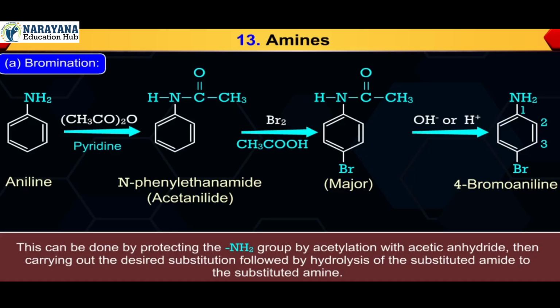Aniline, in the presence of (CH3CO)2O and pyridine, gives phenylethanamide, that is acetanilide, which in the presence of Br2 and CH3COOH gives 4-bromoethanamide as the major product. In the presence of OH- or H+, this gives 4-bromoaniline.